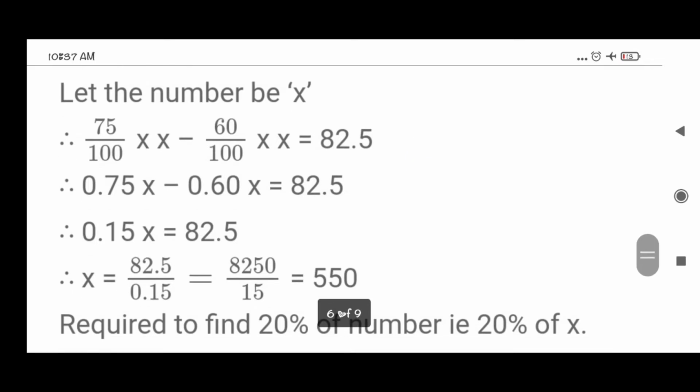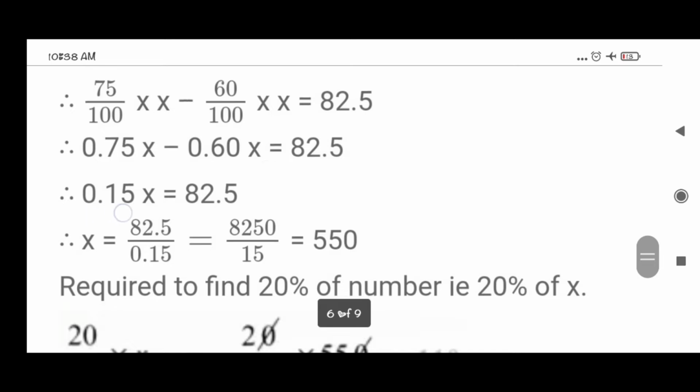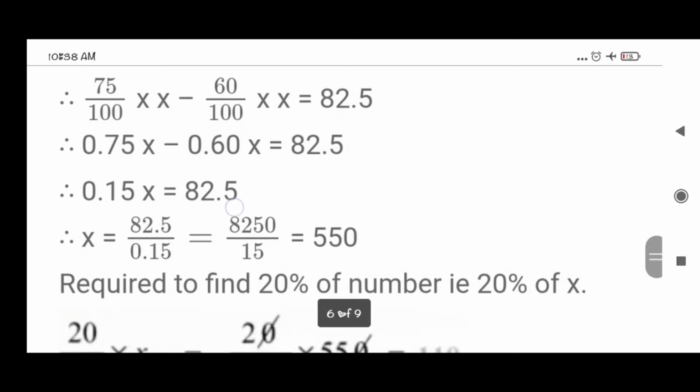Now we can keep 82.5 on the right hand side. Here if we cancel, we will get 0.75x minus 0.60x is equal to 82.5. When we subtract 0.75x minus 0.60x, we will get 0.15x. So 0.15x is equal to 82.5.